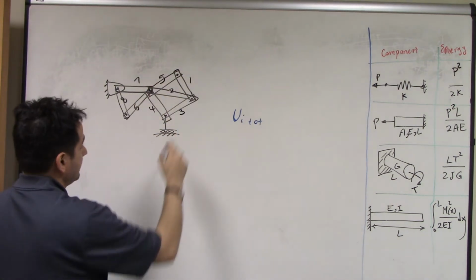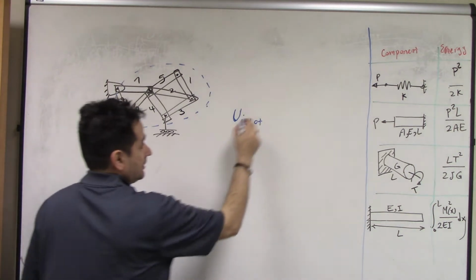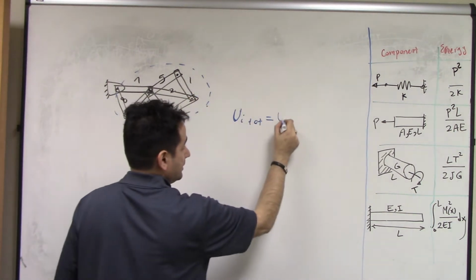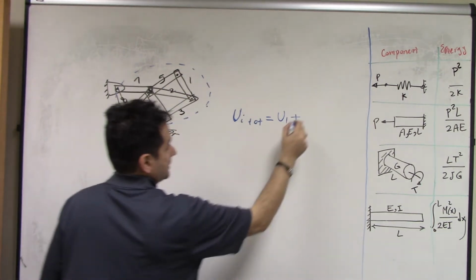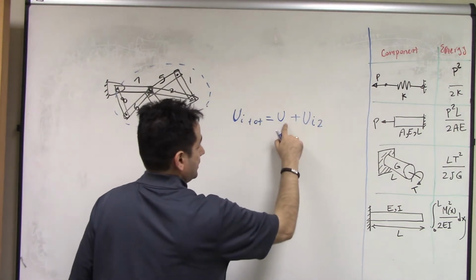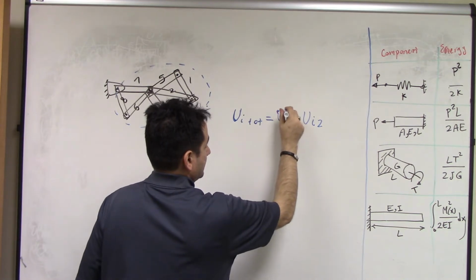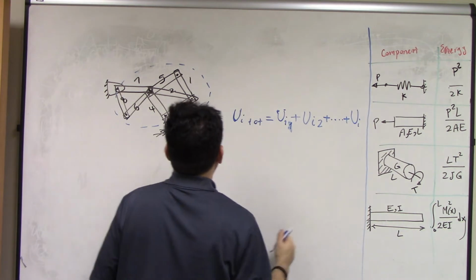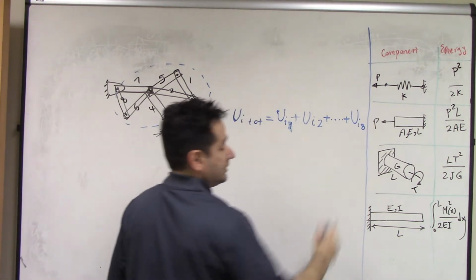So if that's my system, this energy is going to be a scalar summation of the internal energy, let's use Ui, of bar 1, internal energy of bar 2, plus plus internal energy of bar 8 in this particular example.